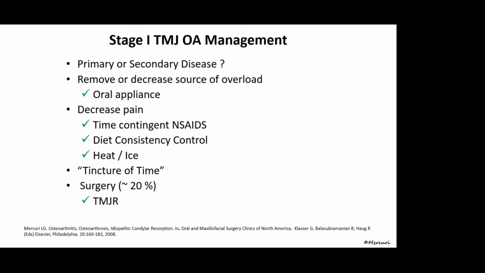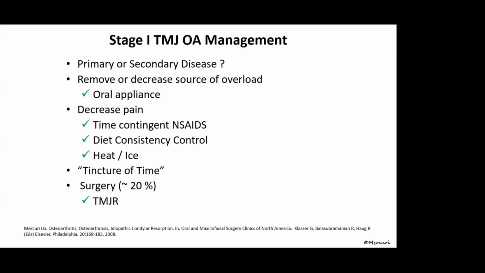So we use this management option for stage 1 early disease. First, we want to find out from history whether this is primary or secondary disease. And as I said earlier, primary disease is something that just happens to everyone by overload, as opposed to secondary disease, which is the result of trauma or overload as a result of missing teeth, chewing on one side as opposed to the other.